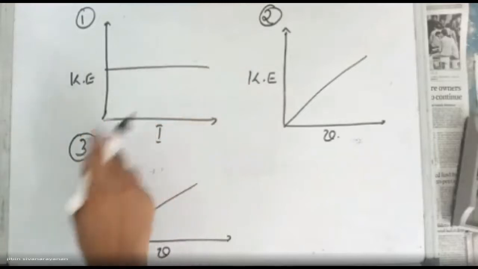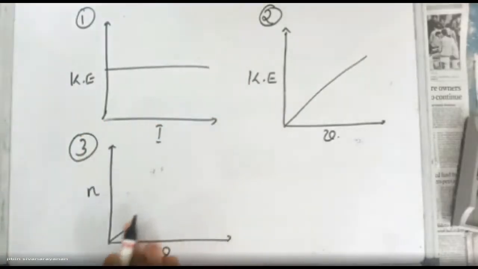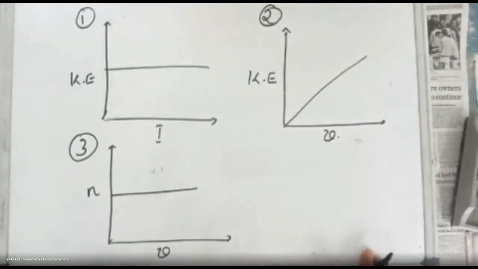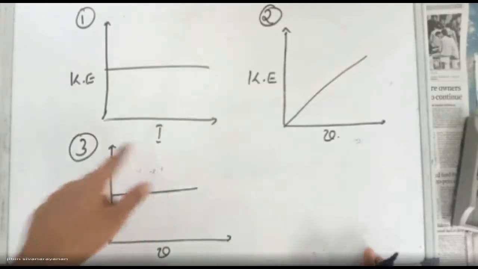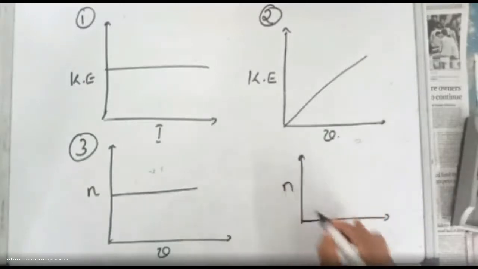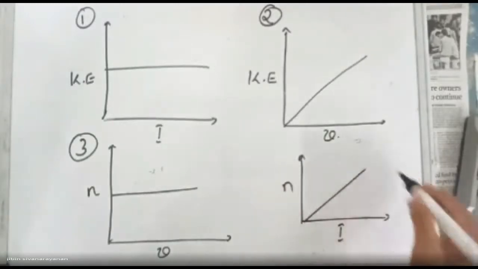There is no change when varying the intensity, and here also the number of electrons does not depend on frequency, so the graph should be like this. If N and I are plotted, the graph would be like this.